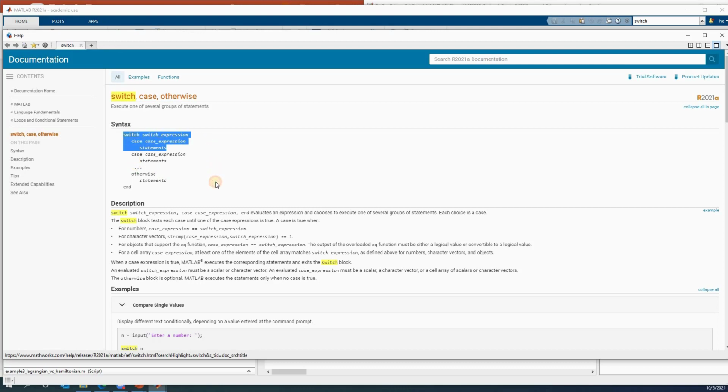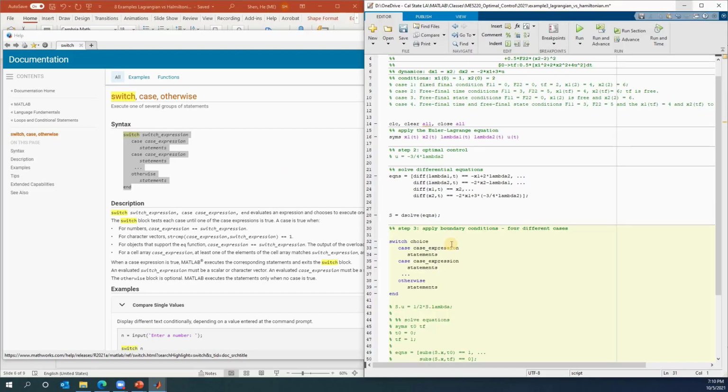Switch expression and the case. And here you can select a different choice. We can start with choice 1. So in choice 1, if this is the first case, we'll do something.